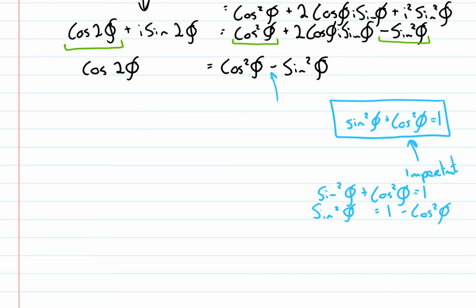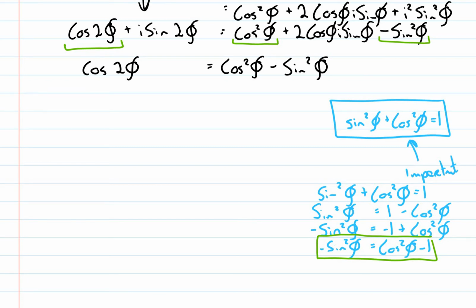But remember, this is a minus sign, so I'll change the signs the whole way across. So minus sine squared theta equals minus 1 plus cos squared theta. And what would be neater is if I said minus sine squared theta equals cos squared theta minus 1, just to not start with a minus. So now I know that minus sine squared theta is cos squared theta minus 1.